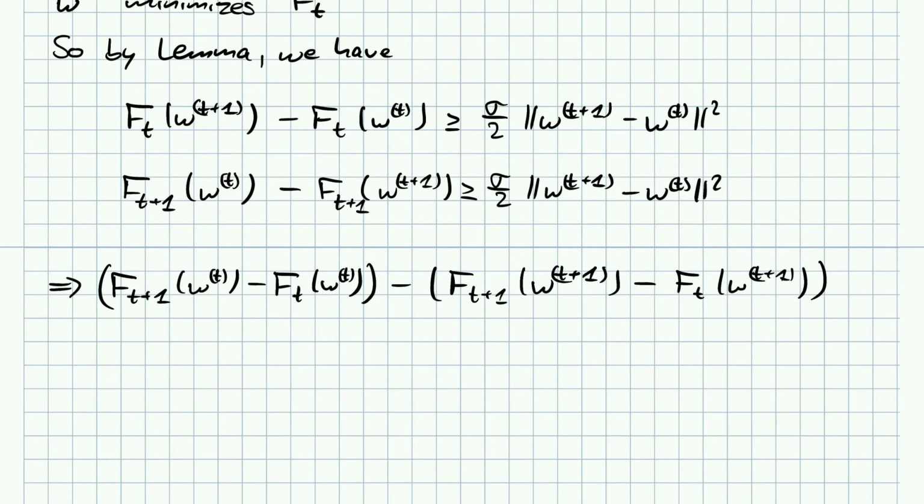This is what we're getting on the left-hand side. We're getting this with a plus, and we're also getting this here with a plus, and then we're getting these two both with a minus. And this will be at least, okay, now we have the same on both right-hand sides, so we can just cancel this with the 2 in the denominator.